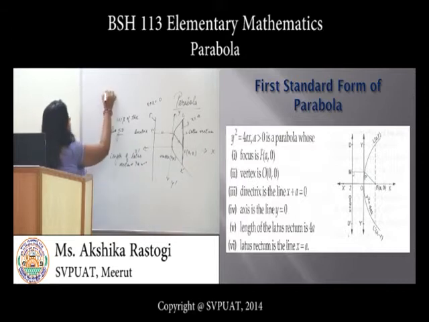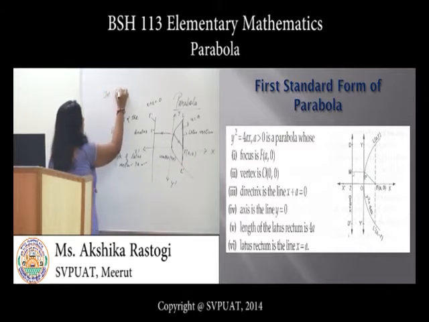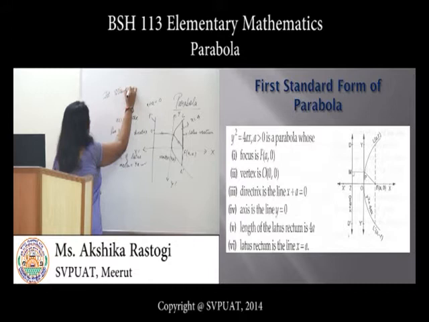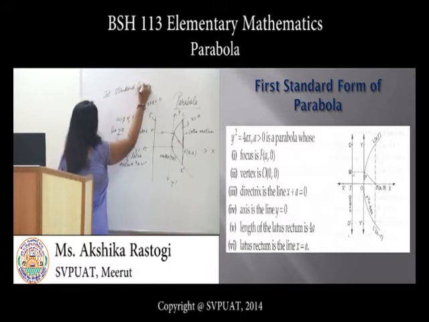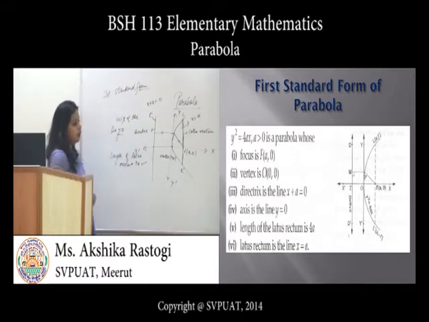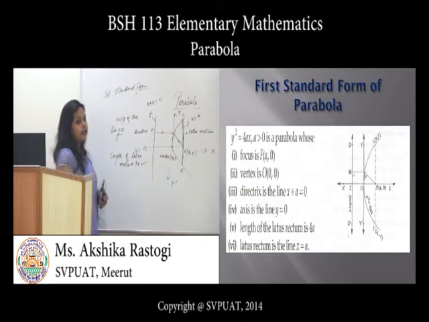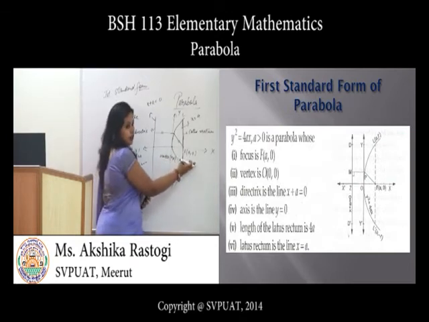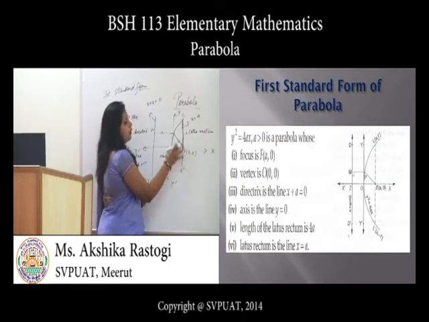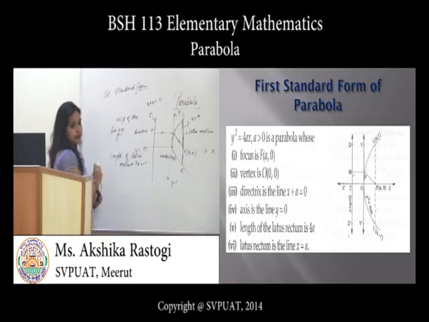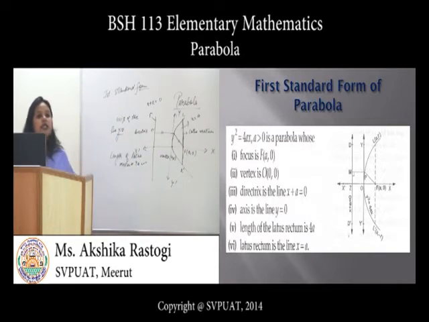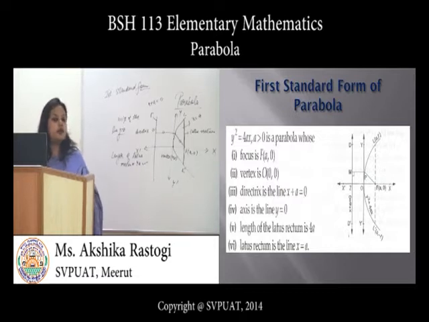This is the very first standard form of parabola, and we call it the right-handed parabola. This is at the right hand, so we call it the right-handed parabola. It's not necessary that in each and every question it is given like y squared equals 4ax or y squared equals minus 4ax.